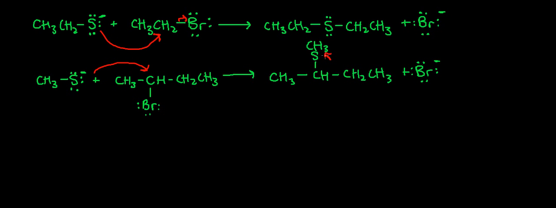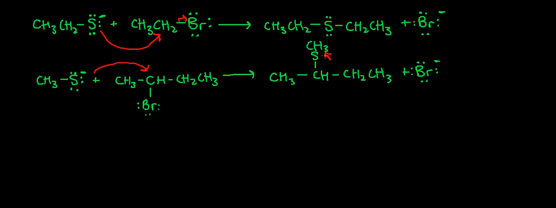The difference is that oxygen and sulfur aren't exactly the same. Sulfur is a lot larger than oxygen, which means that its outer electrons are not held onto quite as tightly. If you think of oxygen, it's very small. You have the nucleus, you have the s orbitals, and then you have the p orbitals, and that's it.